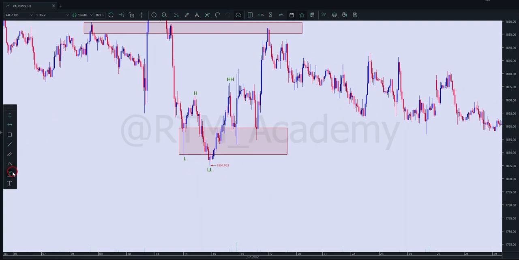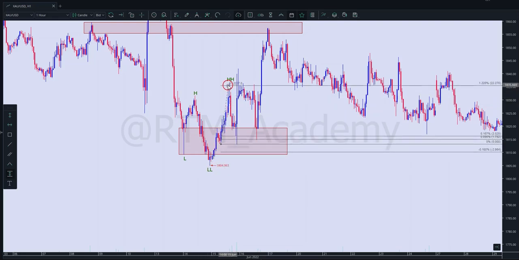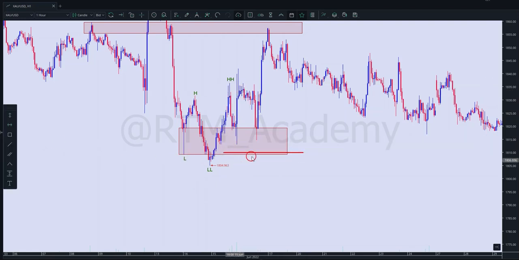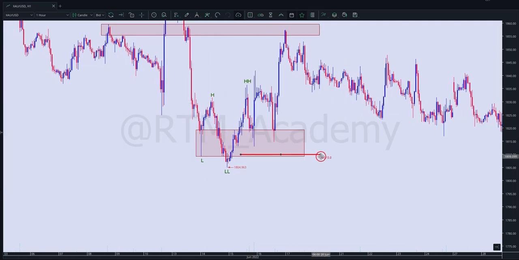And as I told you, instead of putting your stop loss below this lower low, you can put your stop loss below this level right over here. But in the future I will tell you about these levels.